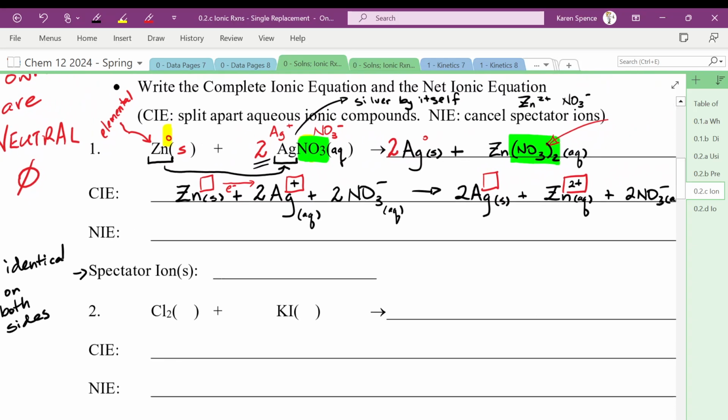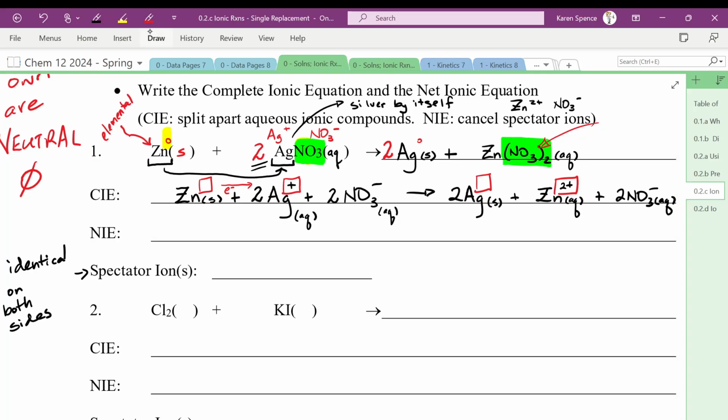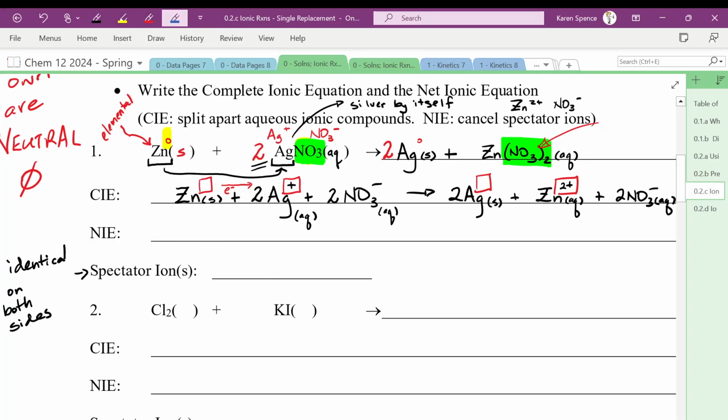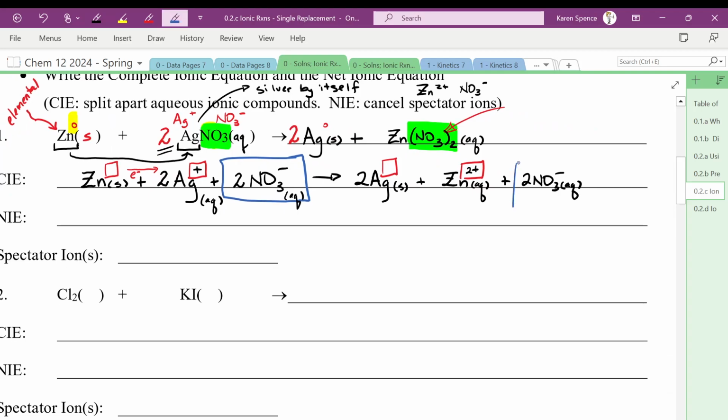The 2 NO3, aqueous. 2 NO3, aqueous. So when we're asked what our spectator ion is, we're just going to write NO3.